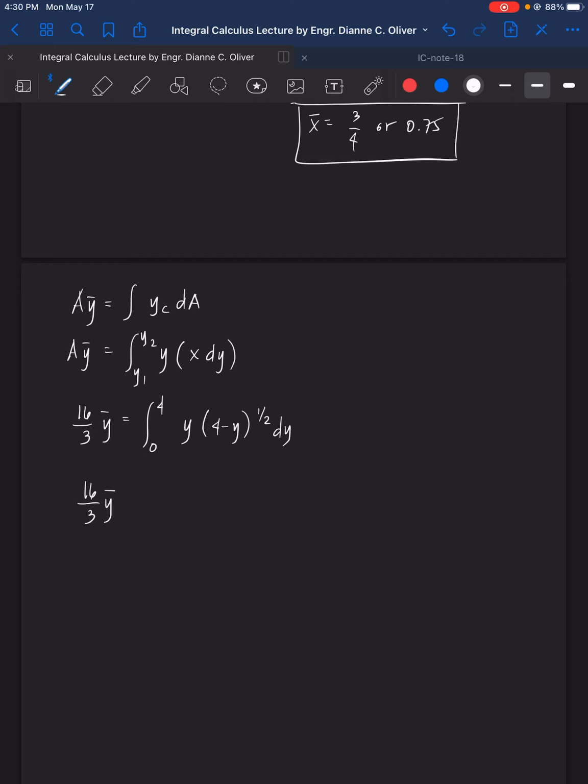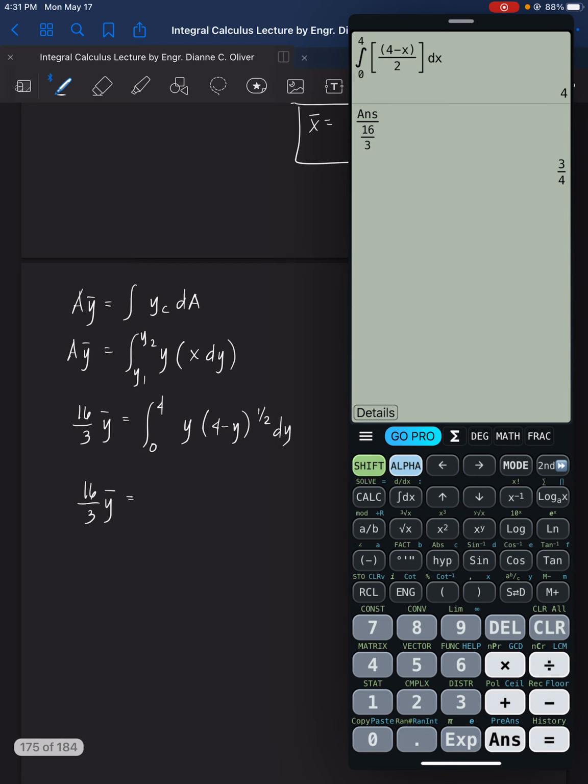16/3 y bar is equal to the integral of y times 4 minus y raised to 1/2, with limits 0 to 4. That is 128/15.